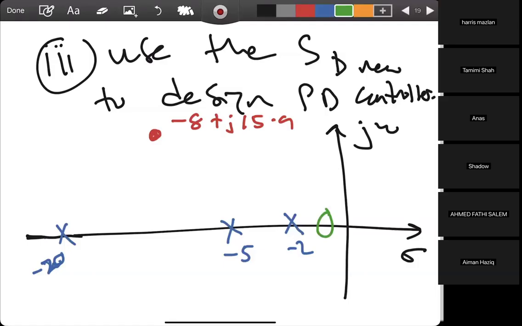And then you put the zero somewhere here. Well, I don't know where to put the zero. I think it's crowded over here.